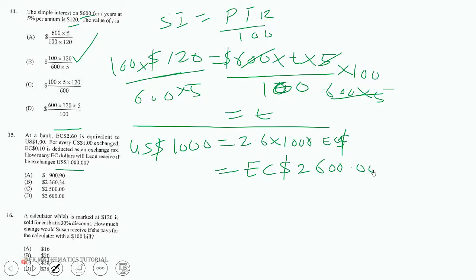So we're told that he is charged 0.10 per 1 US dollar. So the charge for 1,000 US dollars will be 1,000 times EC dollars 0.10, and that will give us 100 EC dollars.